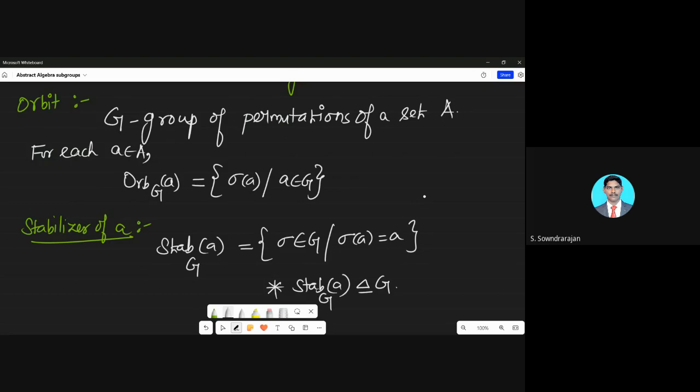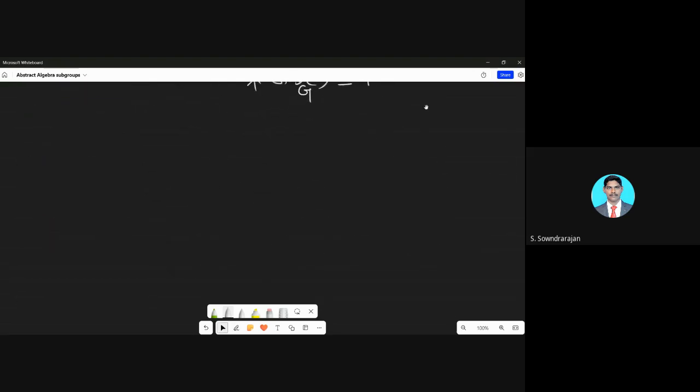So by using these two concepts, we can derive a theorem, that is the orbit stabilizer theorem.